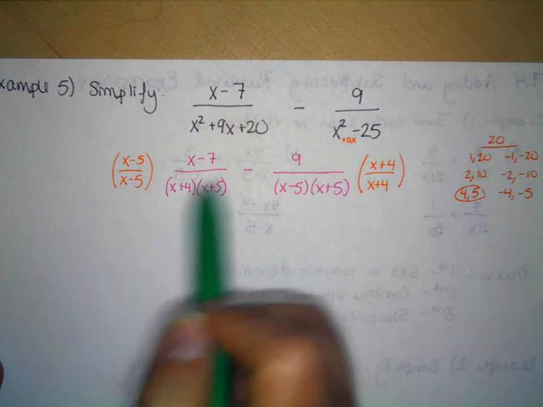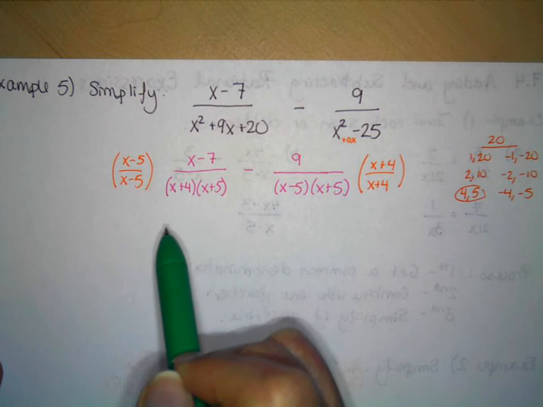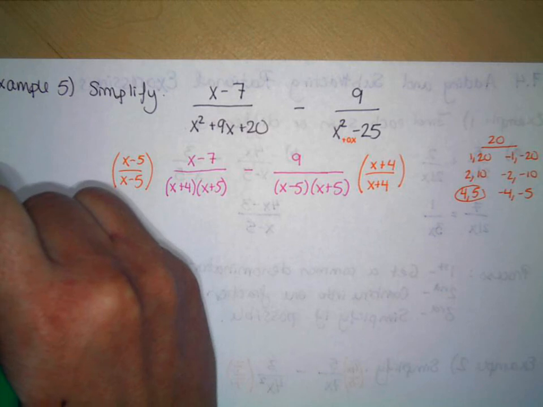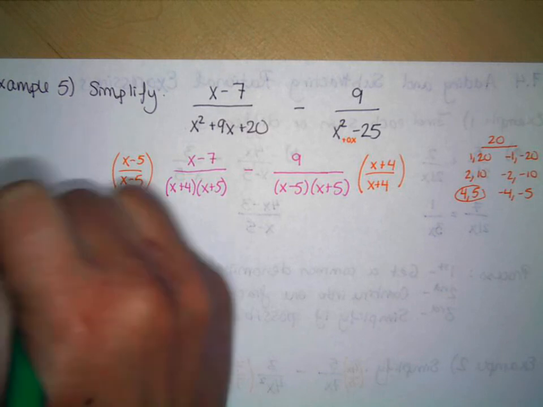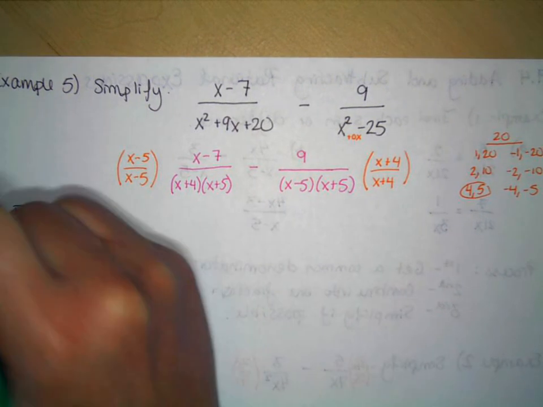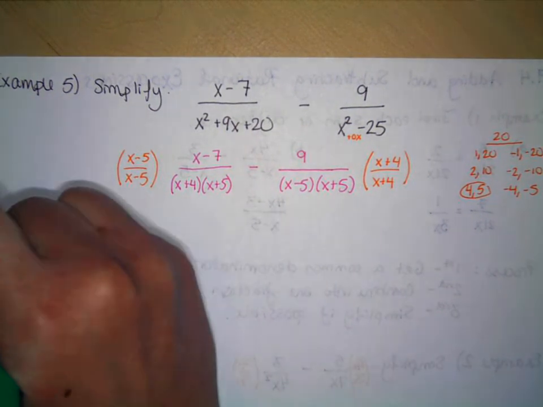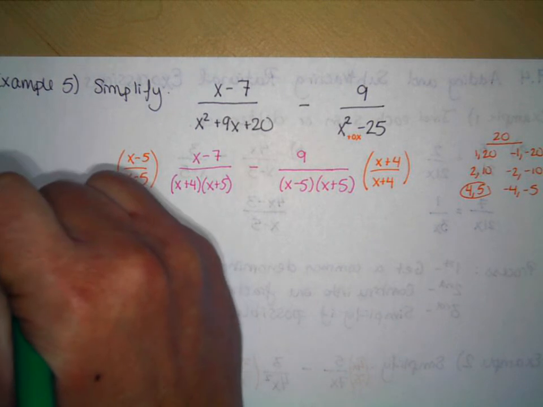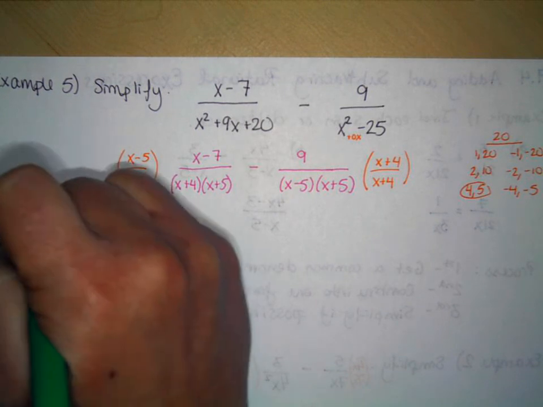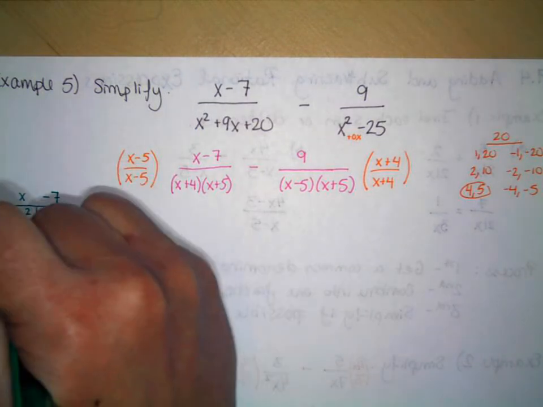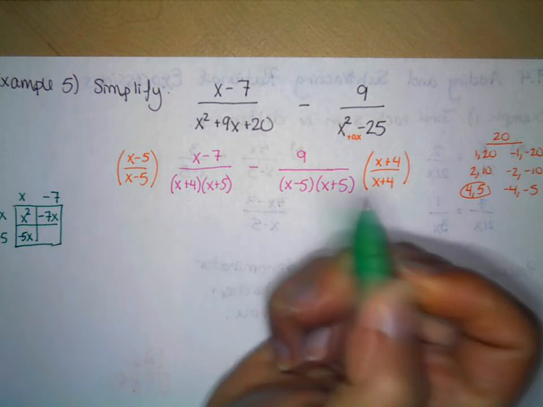All right, so when I go to multiply my first fraction here, I've got a binomial times a binomial. So again, you might find it helpful to use a box to multiply that out. So I want to multiply x minus 5 times x minus 7. X times x is x squared. X times negative 7 is negative 7x. Negative 5 times x is negative 5x.